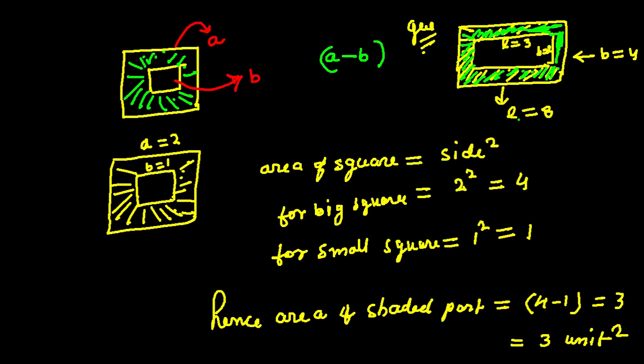That will be L into B, so this will be 8 into 4, that is 32. Similarly the area of this rectangle, this is 3 and this is 2, so this will be 6. So 32 minus 6, and you will get 26. So 26 unit square will be the answer.